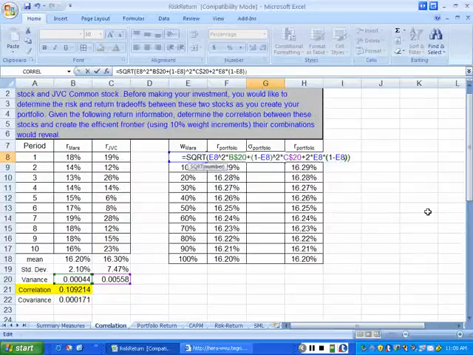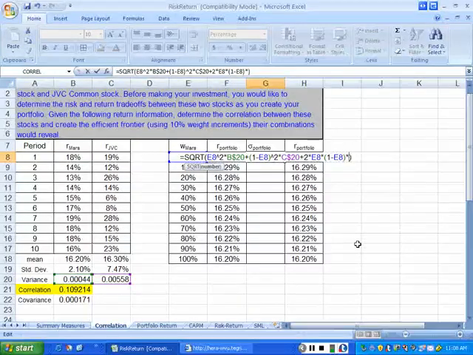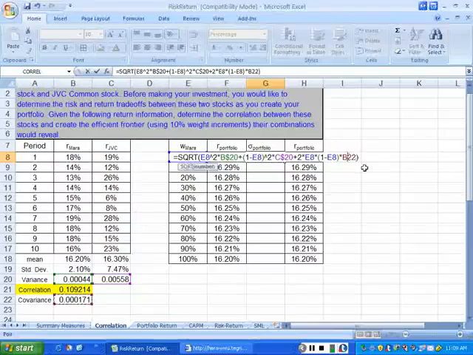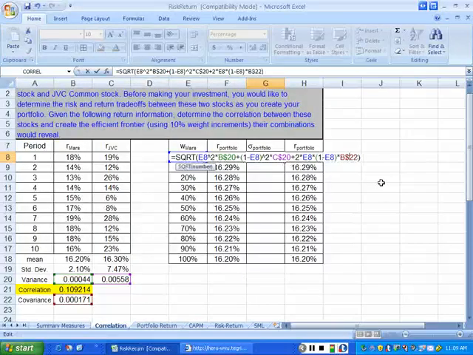So I've got 2 times the weight on Mars times the weight on JVC, and all of this is going to be multiplied by the covariance, the number we just calculated down here, for the portfolio. And again, it's the same covariance each time, so I'll put a $ sign in there to fix that in line 22. What you get here is a combination of all of these things.